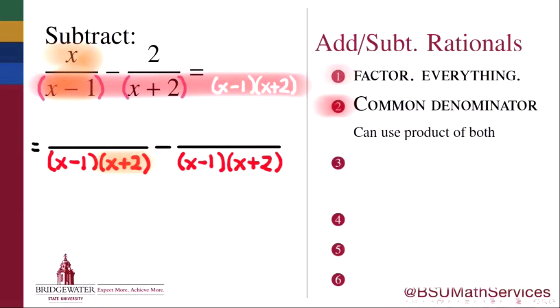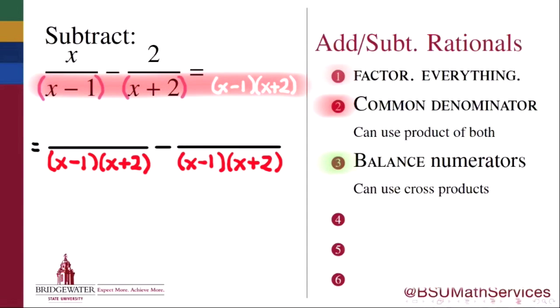And if I multiply the denominator of a fraction by something, I must also, in order to preserve the value of that fraction, multiply the numerator by the same quantity. So to so-called balance the numerators, what I need to do is multiply each of the numerators by whatever is necessary to have multiplied it by the same quantity by which the denominator was multiplied.